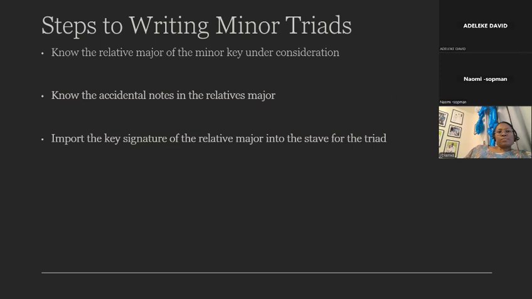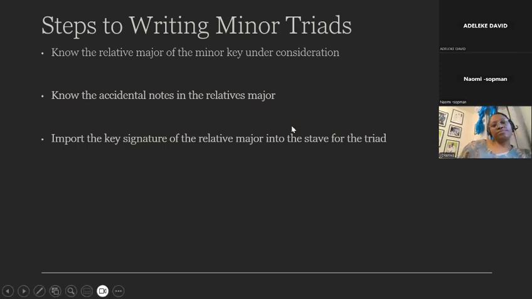I need the name of the key first. F major. Thank you. That's the first thing you need to know, that the relative major is F major. But in F major, we have an accidental key, which is what? B flat.